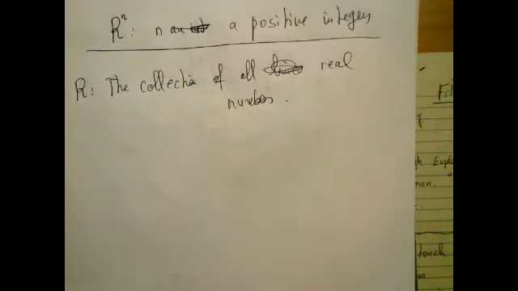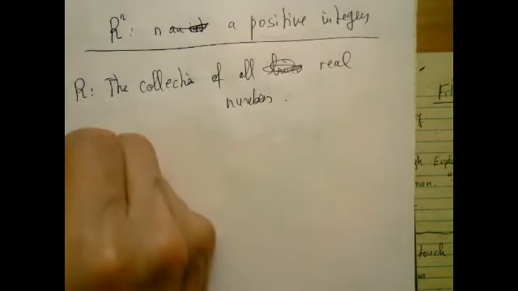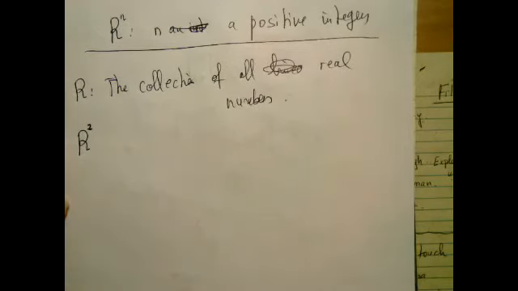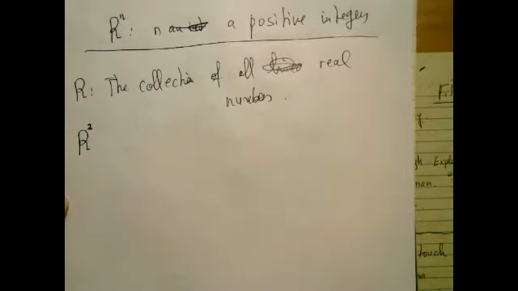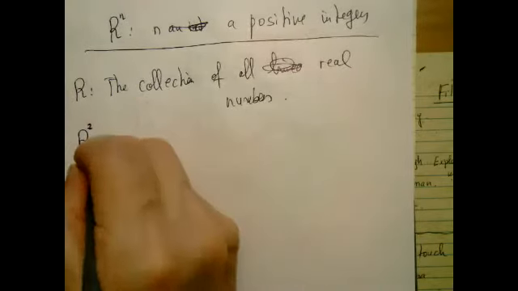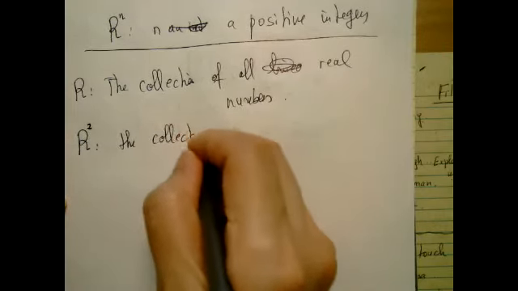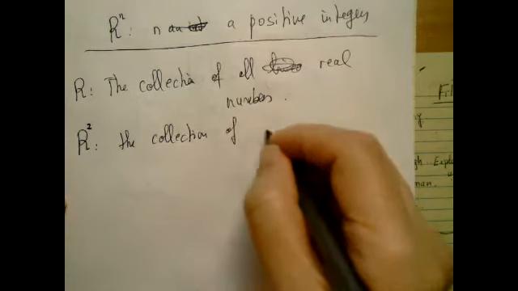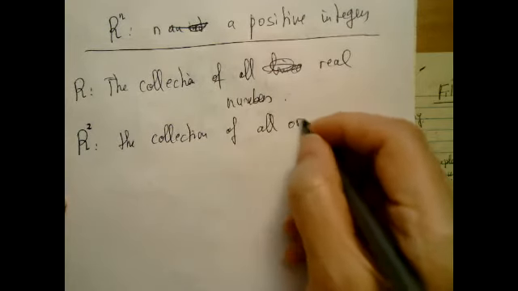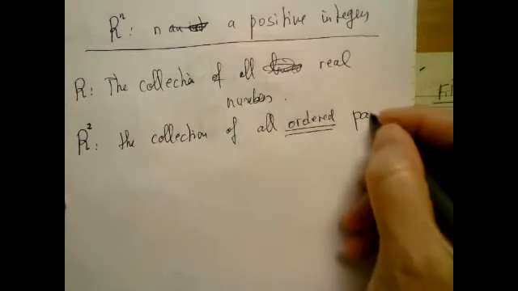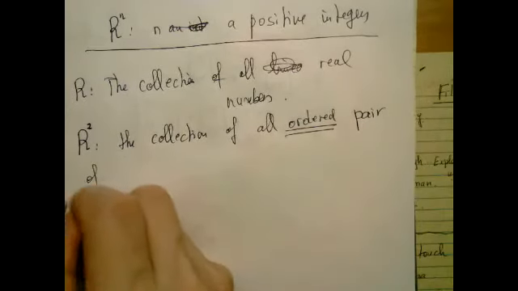Now, what is R^2? R^2 is nothing more than a collection of all ordered pairs of numbers. So not one number, it's an ordered pair.